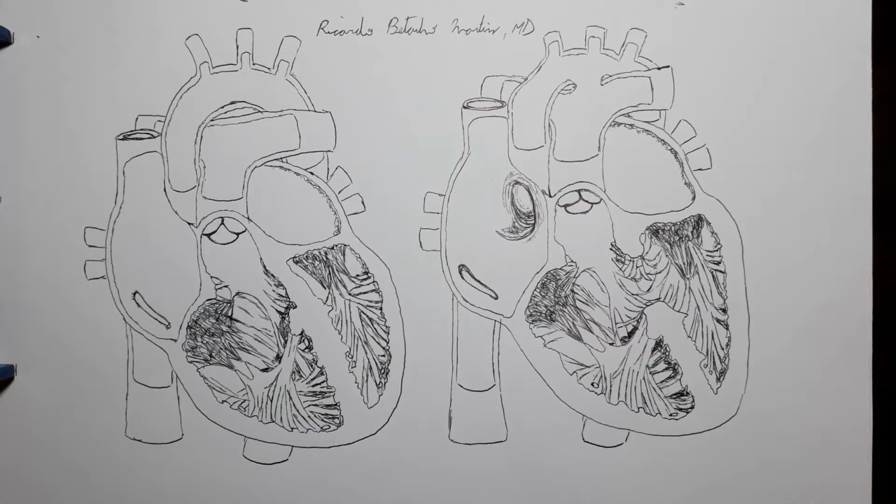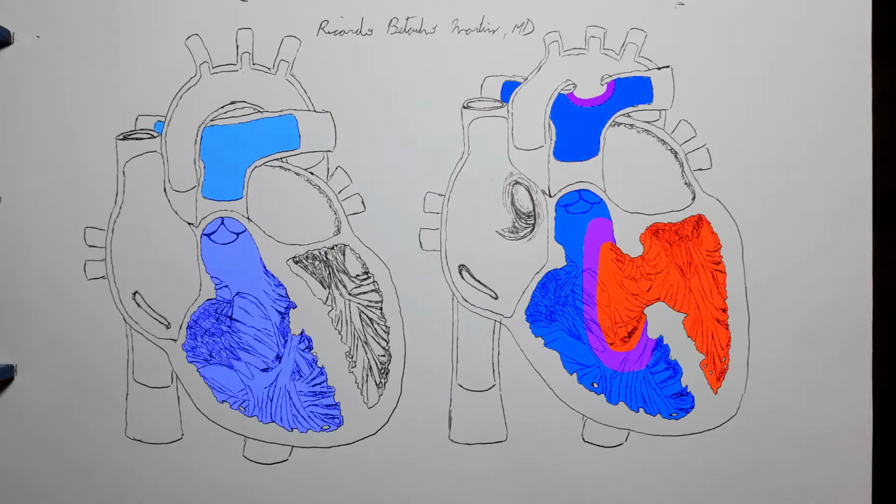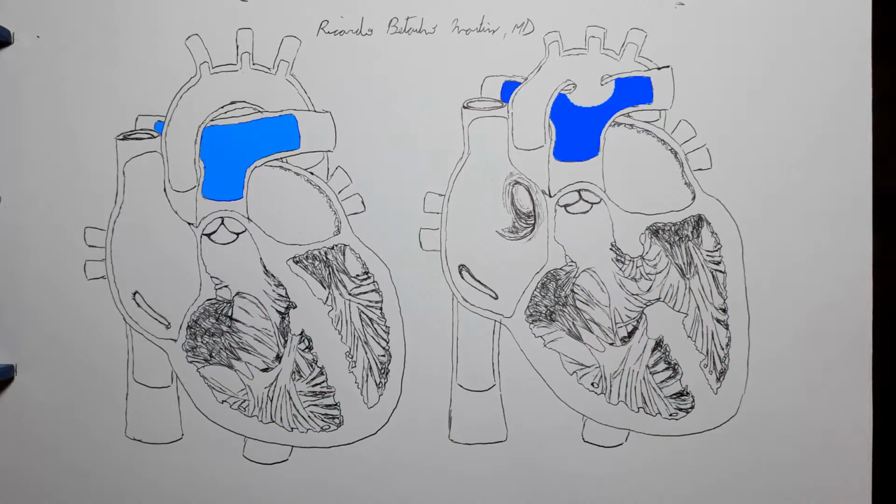Remember that, since much larger volumes are being pushed into the pulmonary circulation, pulmonary arteries pressure will be much higher than normal, and the right ventricle will have to put an extra effort into pumping the blood into the pulmonary trunk.